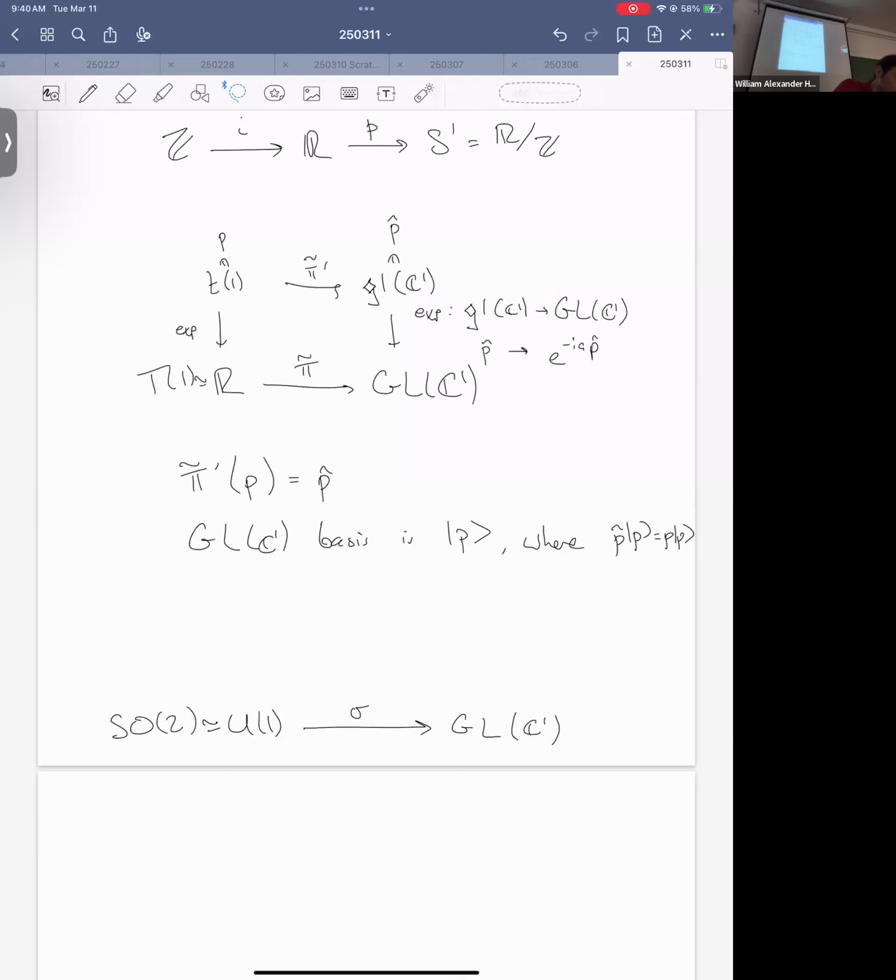Over here on the left-hand side, I would have P goes to e to the minus IA P. And I have that here, P is just a real number. So I have an infinite number of UIRs of 1D unitary representations.